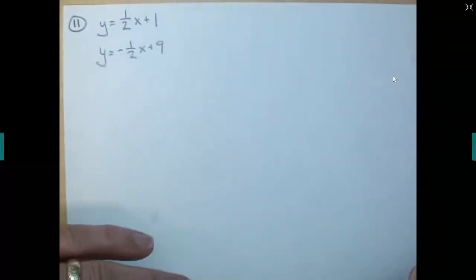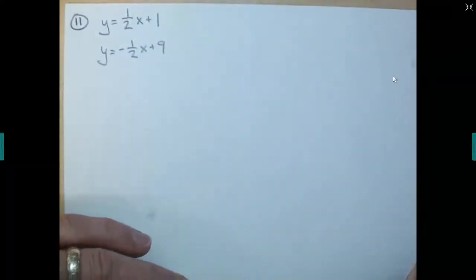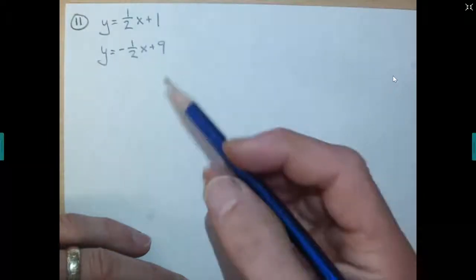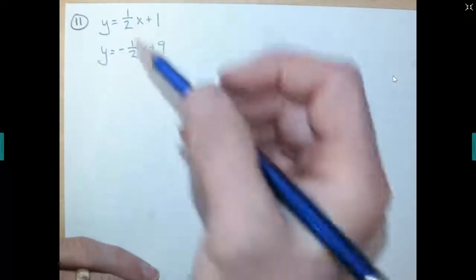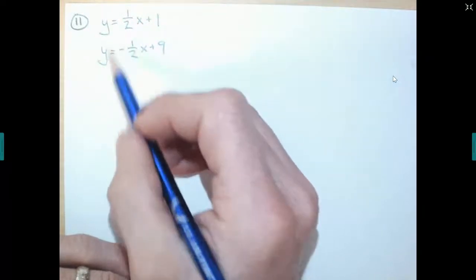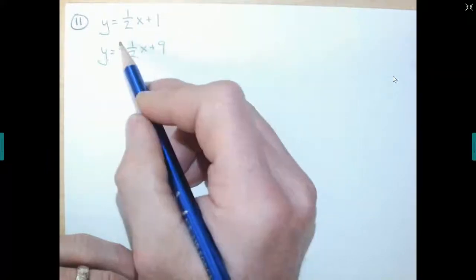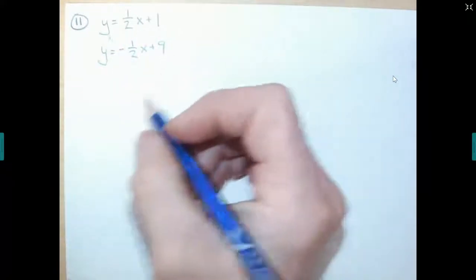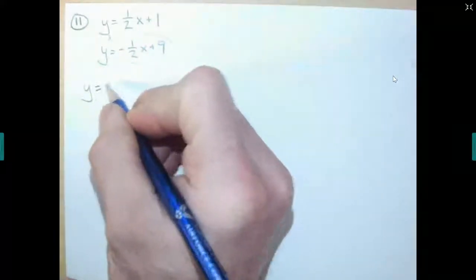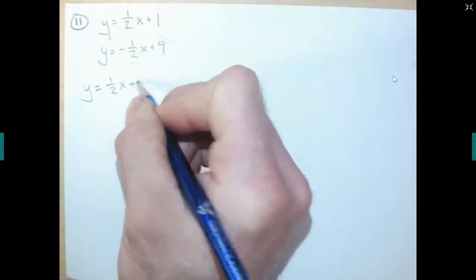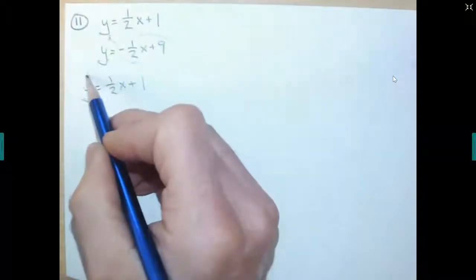If there's one thing I hope for you guys this year, it's that fractions cease to scare you. So, it's already solved for y in both of these equations. So I'm just going to take this equation and plug it in for y.